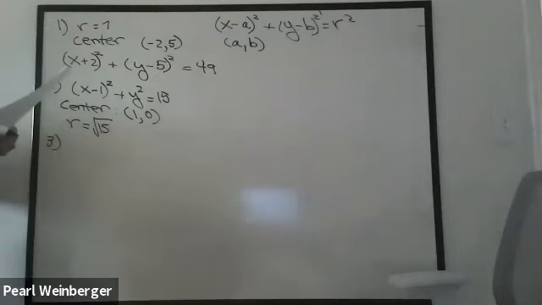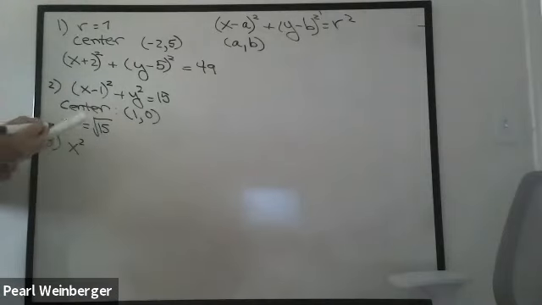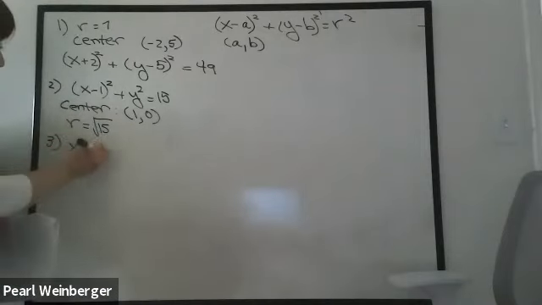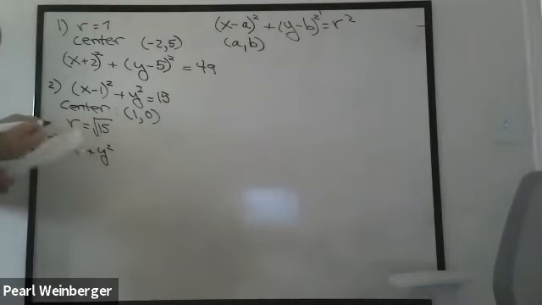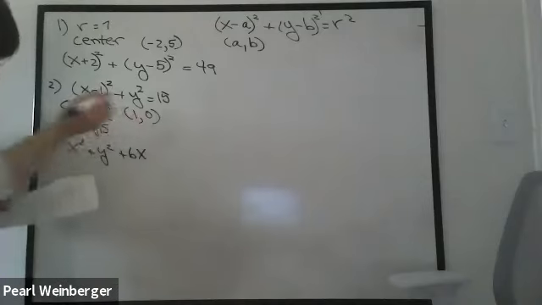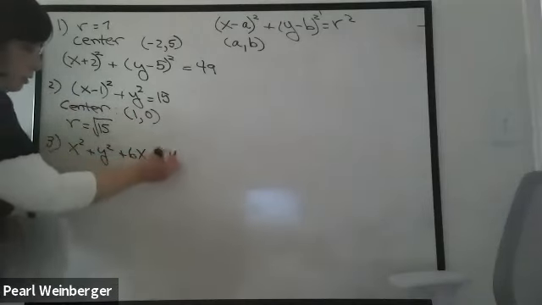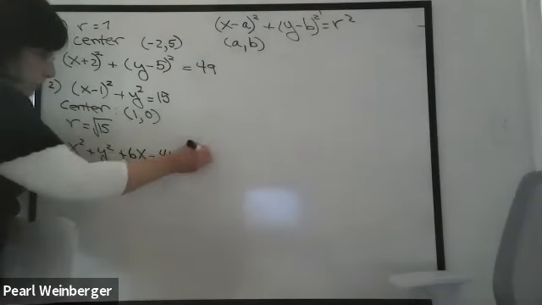Now, question 3 says find the center and radius of the circle x squared plus y squared plus 6x minus 4y minus 12 equals 0.